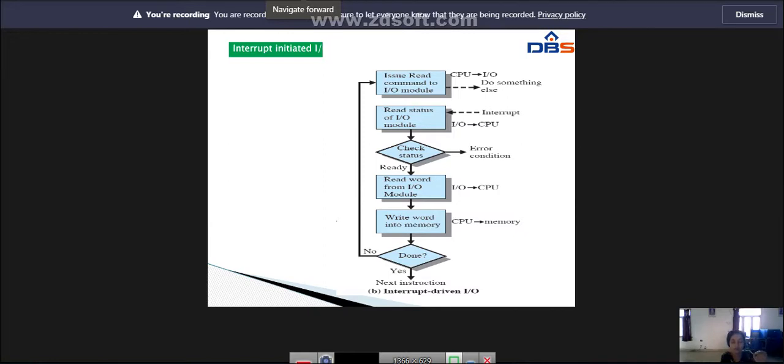We introduce the interrupt and special commands to inform the interface to issue an interrupt request signal to the CPU when data are available from the device.